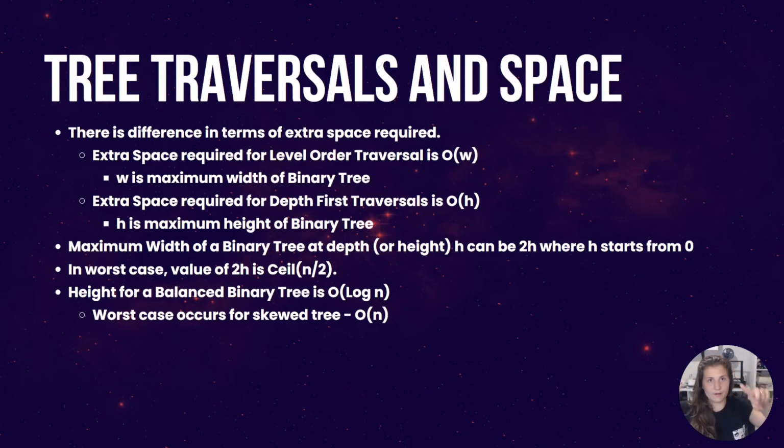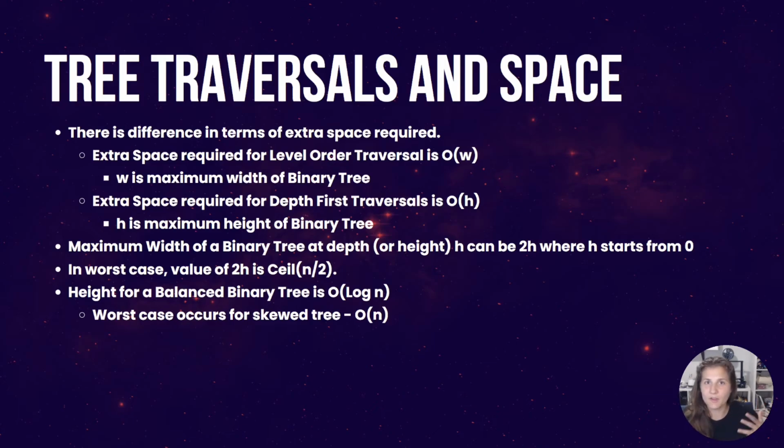If we're thinking of a binary tree and it keeps expanding, the maximum amount of nodes can be at the last level. And the worst case is when our binary tree is a perfect binary tree. So in the worst case, the value of 2^h would be the ceiling of n over 2. So we're talking O(n). That's the worst case when we're talking about the level order traversal. We're looking at O(n).